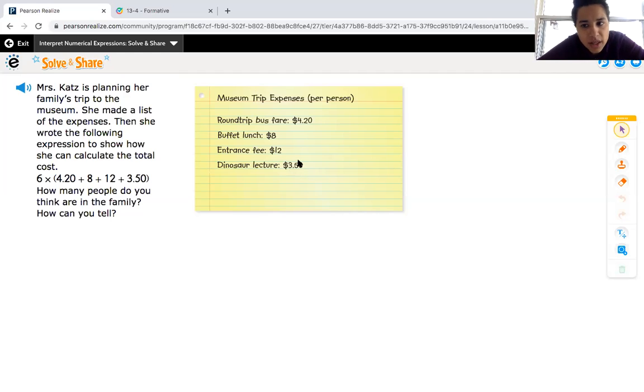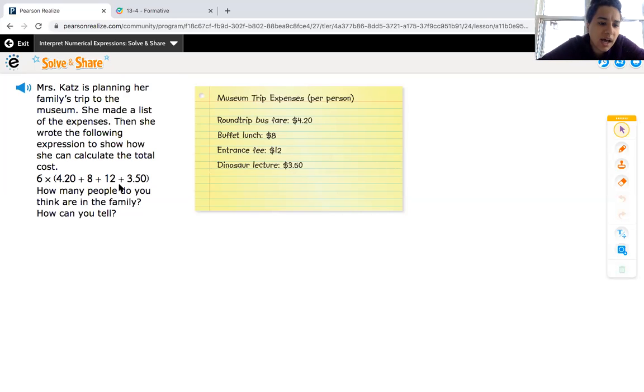What other operation could we use other than repeated addition? You probably said multiplication. Yeah, we would multiply the total of this trip or expense for one person by 20, right? For our whole class to go to get the total amount it would cost for the whole class.